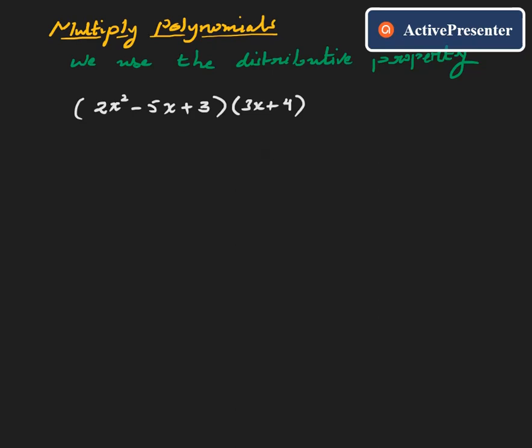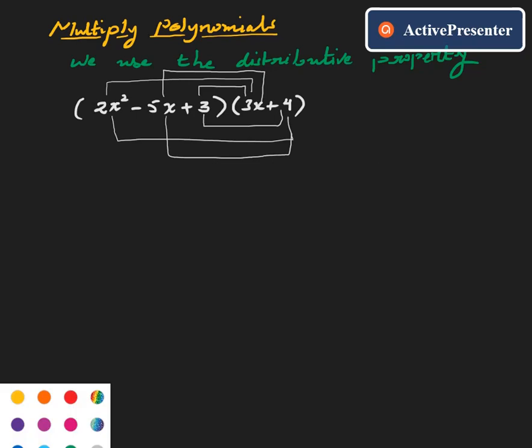We distribute by multiplying 2x squared into 3x and 2x squared into 4. Also, we multiply minus 5x into 3x and minus 5x into 4. Also, we multiply 3 into 3x and 3 into 4.